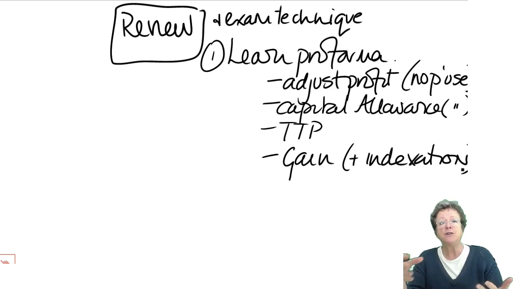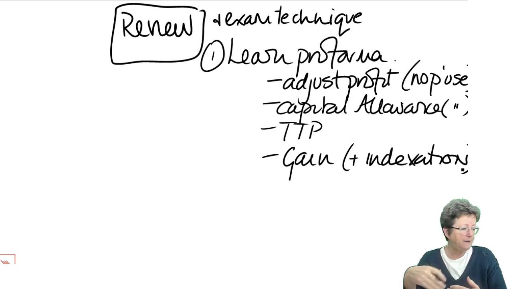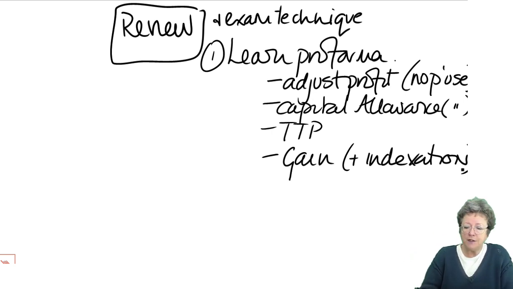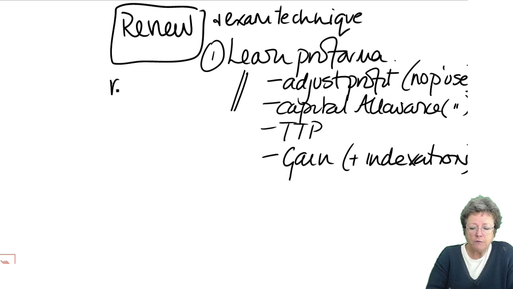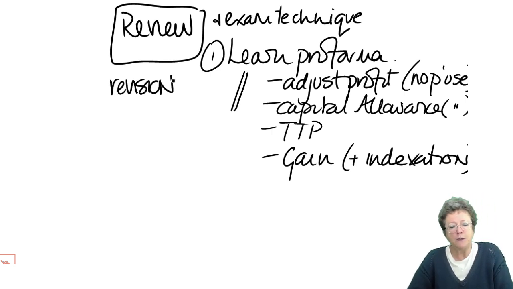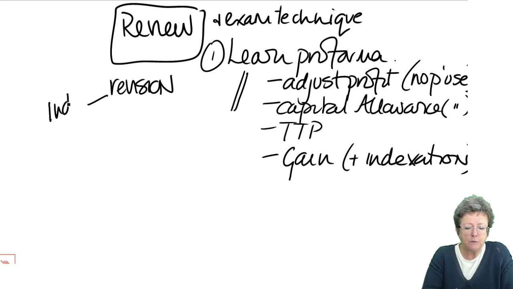Capital allowances in some form will come up. TTP will come up. Gains will come up. Those are the sort of things that are definitely going to happen in the exam. So these are revision topics at the CT level, because we did them for individuals.